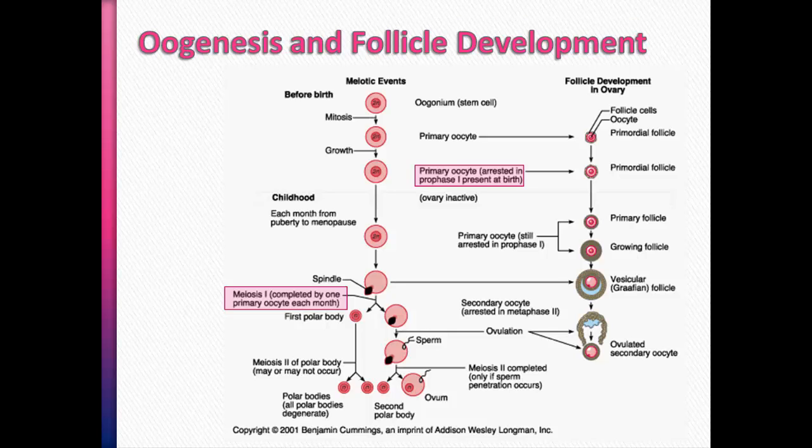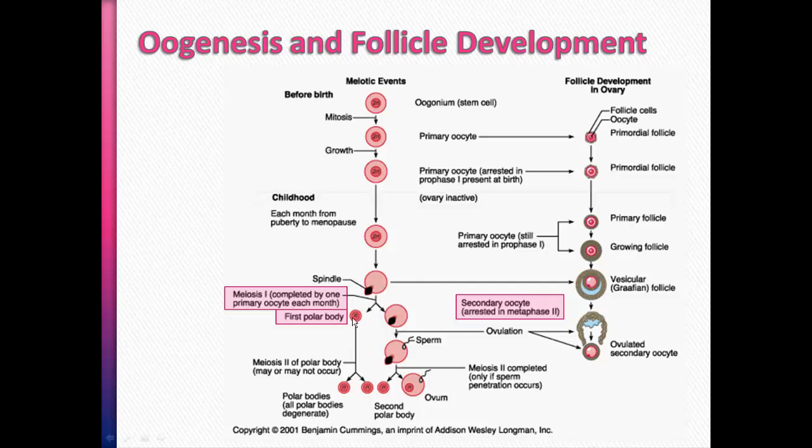That primary oocyte then will finish meiosis 1 and become 2 cells, either the polar body or a secondary oocyte. And this is what distinguishes oogenesis from spermatogenesis. In spermatogenesis, you just end up with 2 cells exactly alike in that first meiotic division. Here, our 2 cells are very different.